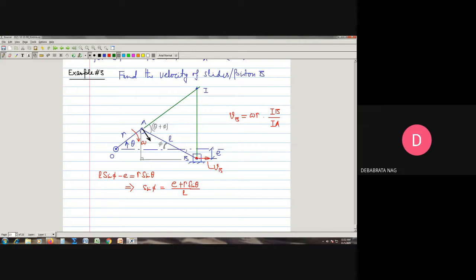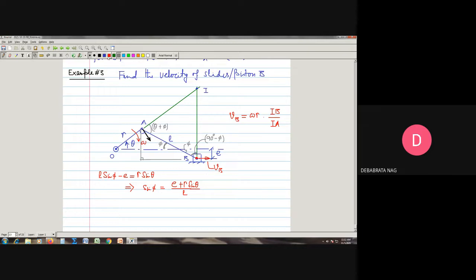Since this is phi, this must also be equal to phi. From this small right angle triangle, this angle is going to be 90 degrees minus phi. So everything in this geometry can be calculated if we can calculate phi from here.